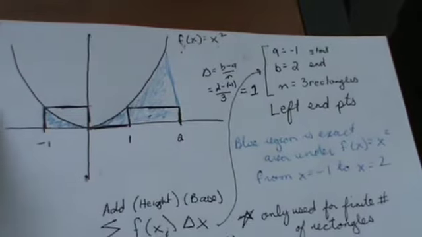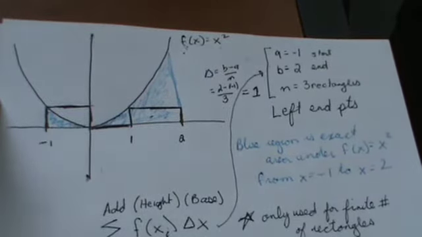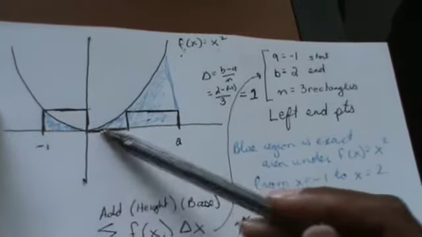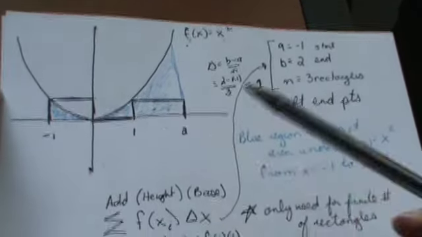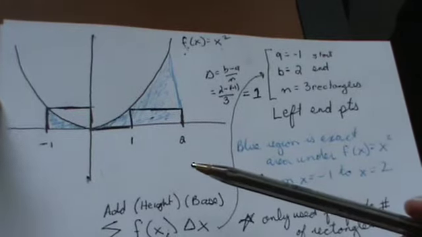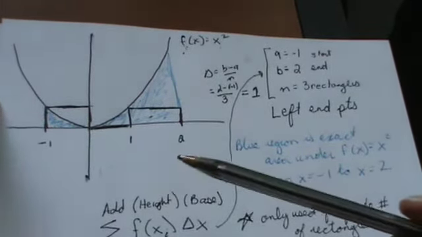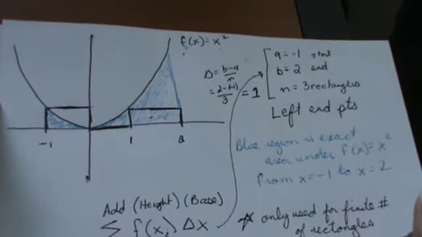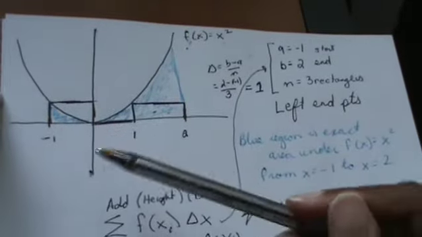All right. So what I've done here is I have shaded in blue the exact area under the curve, which is what I like. But a long time ago, they didn't have an easy way to find that, so they used rectangles. They could have used trapezoids or any other geometric figure, but we're going to stick with rectangles.